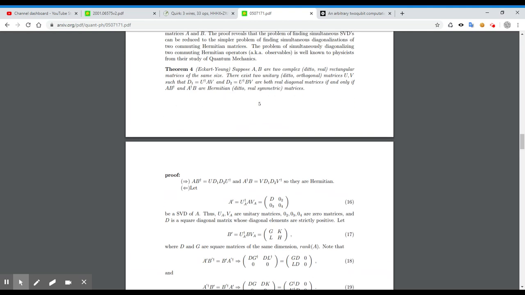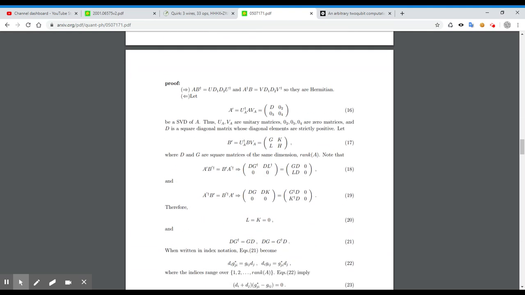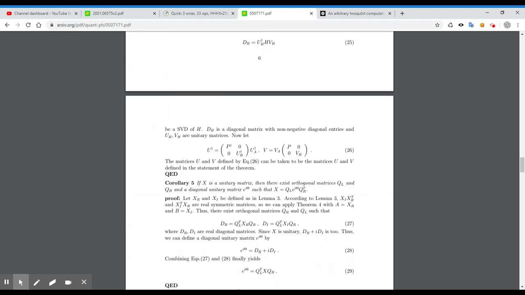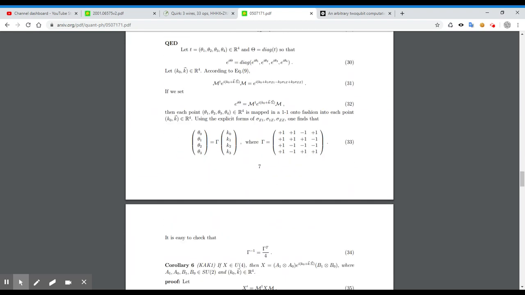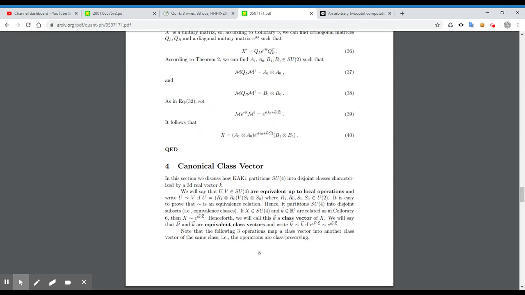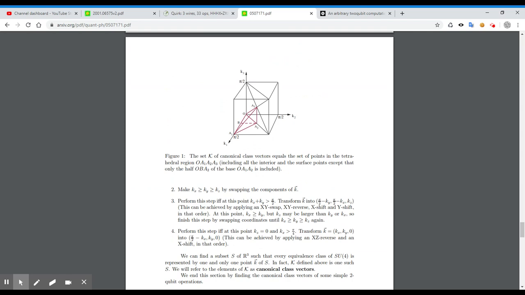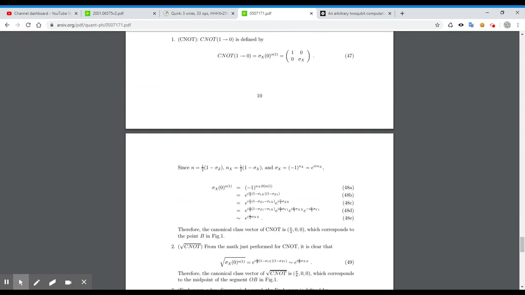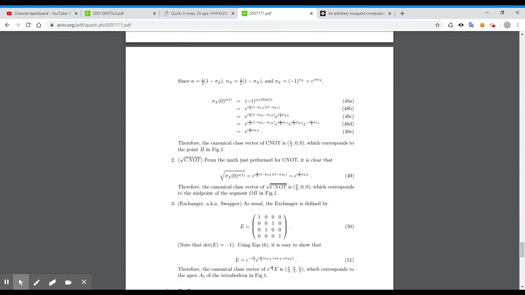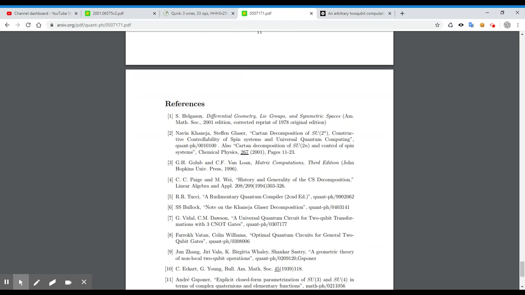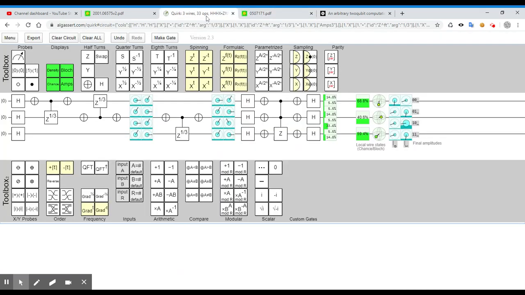Proof. So I think, QED, canonical class vector. Okay, so I'll have to deep dive into these to understand basically what it means.